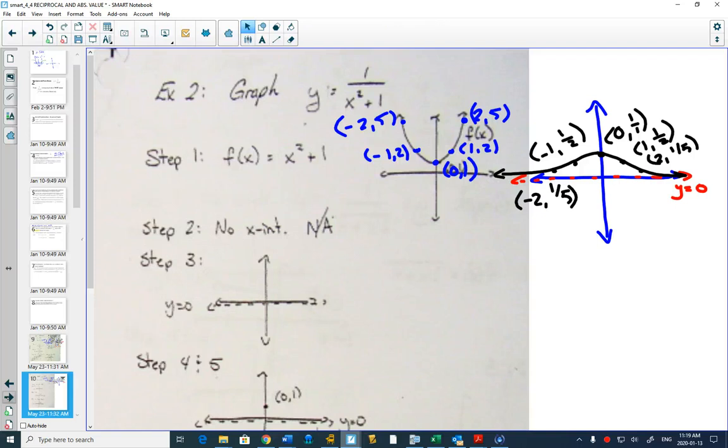So again, draw your asymptotes, find nice points. The only thing that's changing in a 1 over graph is that your y values change from y to 1 over y. And then draw your graph towards the asymptotes. We do this example to see what happens when there are no x-intercepts, when I don't have vertical asymptotes.